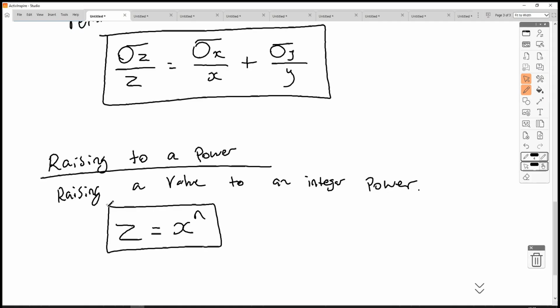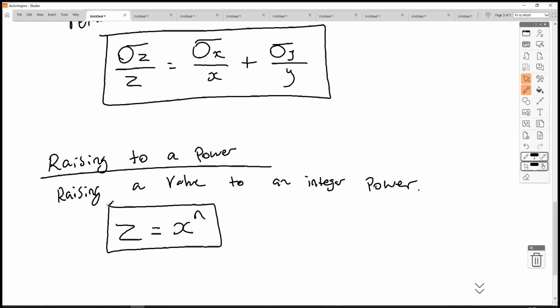And if we say that n was, for example, squared, it's just going to be x times x. And if it's just x times x, we can follow what was above for multiplication. And so we would have sigma z over z is equal to sigma x over x plus sigma x over x again. Well, that's just 2 sigma x over x.